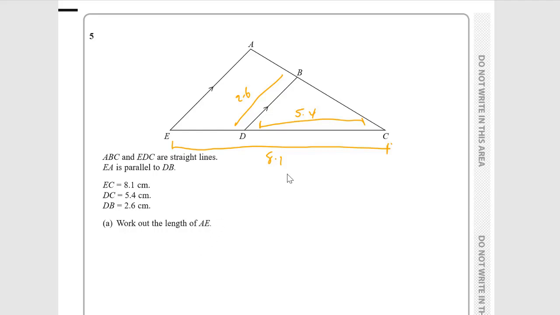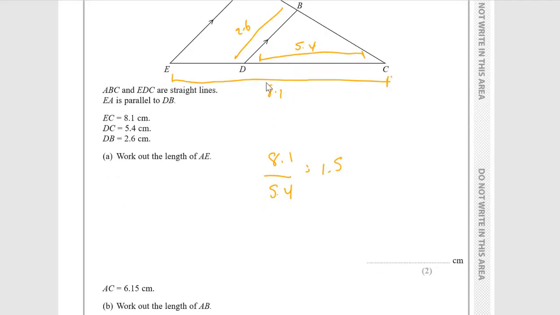Work out AE. So you can see that these two lines are parallel. So we can say 8.1 divided by 5.4 gives you 1.5. That means there's a scale factor of 1.5. So 2.6 multiplied by 1.5 is 3.9. So we've got 3.9 centimeters.